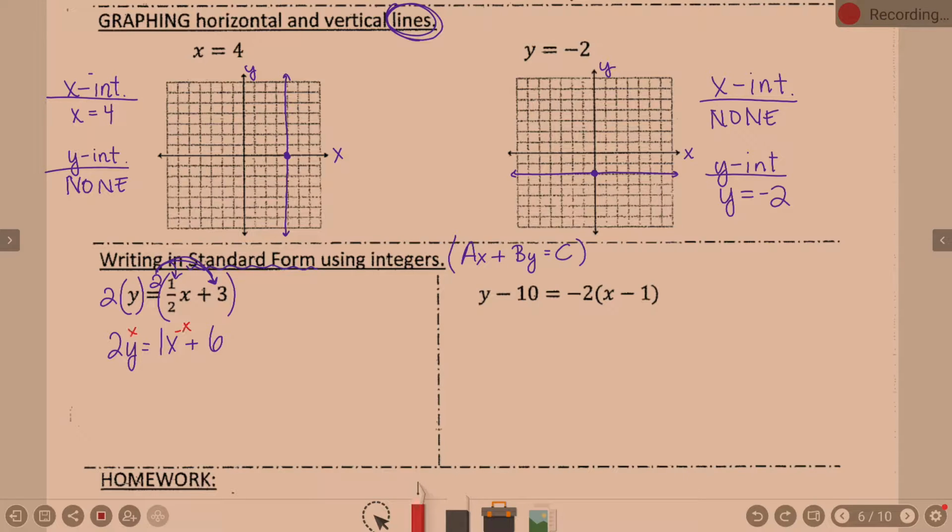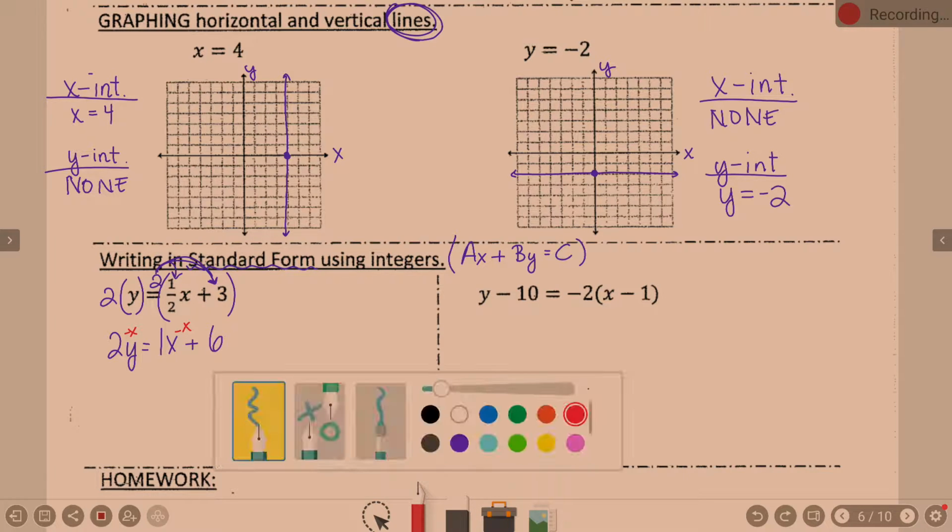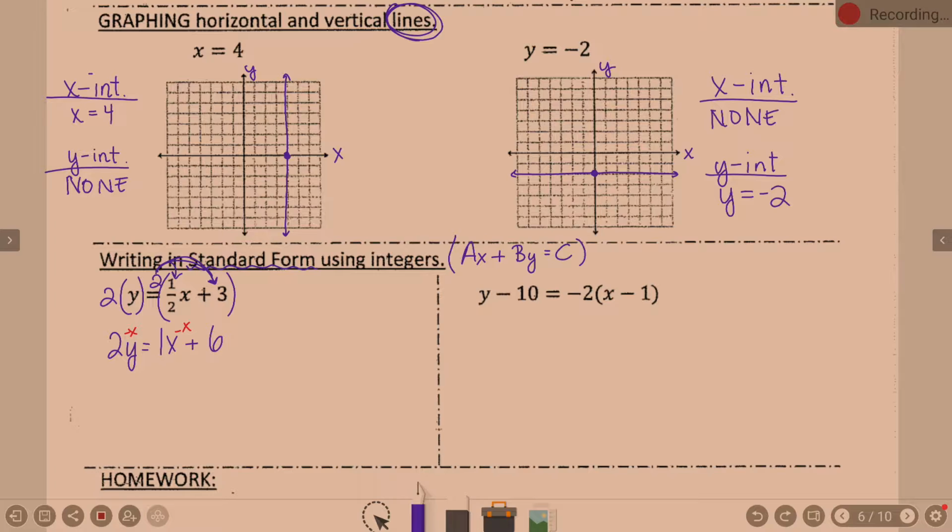Now, 2y minus 1x is 2y minus 1x. And 1x minus 1x will cancel.